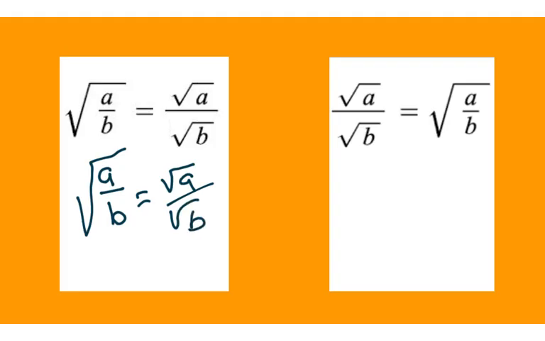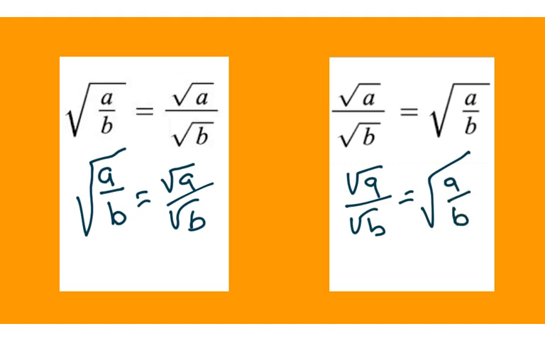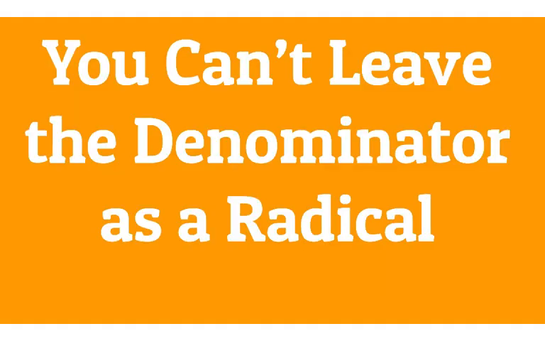Or you could take a fraction of radicals and turn it into a tall radical with a fraction of the radicals inside. It depends on which one's going to make it easier for you to simplify, which you'll see coming up. And the last thing I need you to know before we start dividing is you can't leave the denominator as a radical. You have to change it.